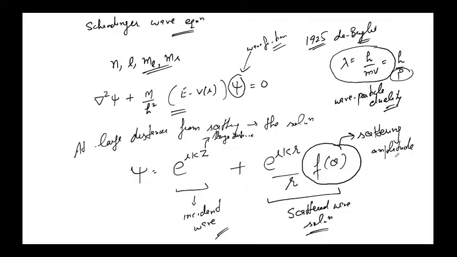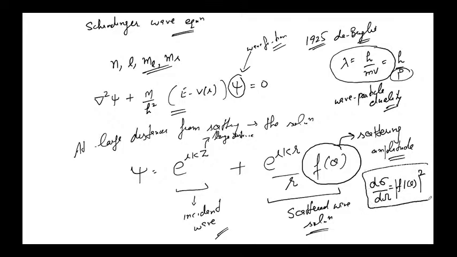Which tells us how much portion of the protons are being scattered, and using the spherical coordinates of this f theta we can calculate the differential cross section, that is d sigma over d omega. That is, at a particular range of solid angle d omega, it is f theta squared.